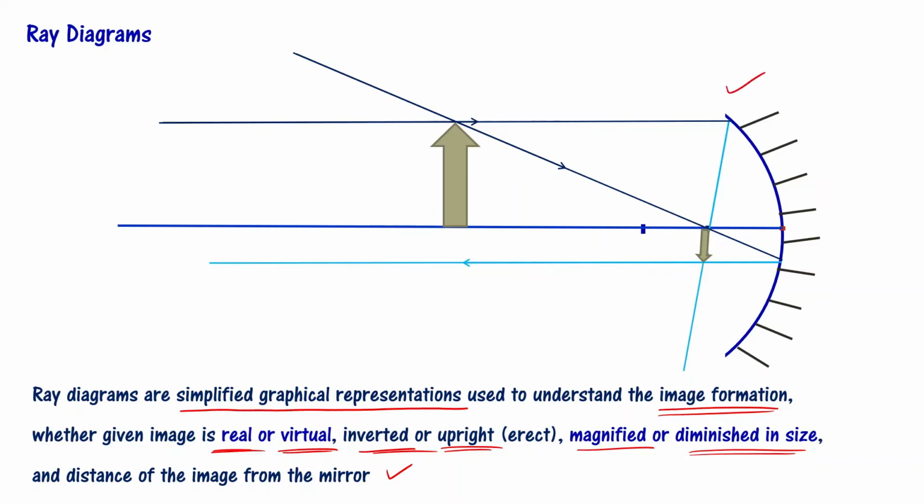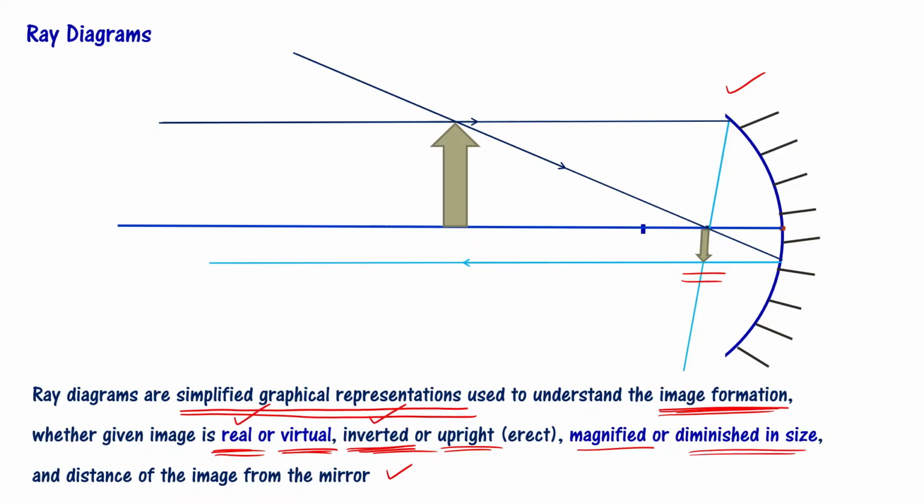ఈ ఫిగర్లో you could see that it is a simplified geometrical representation. To understand image formation, you understood how image is getting formed, whether the given image is real or virtual, real image, and you have seen that it is inverted in our case. It is real image and it is inverted in our case.